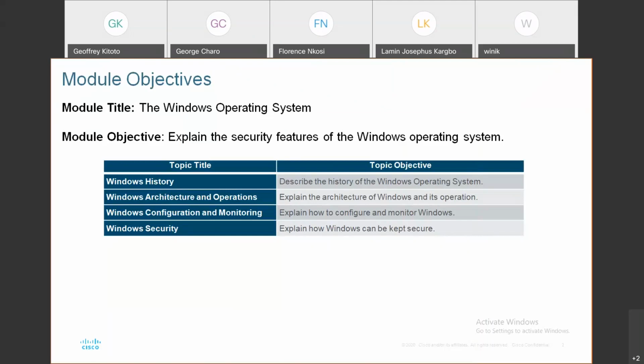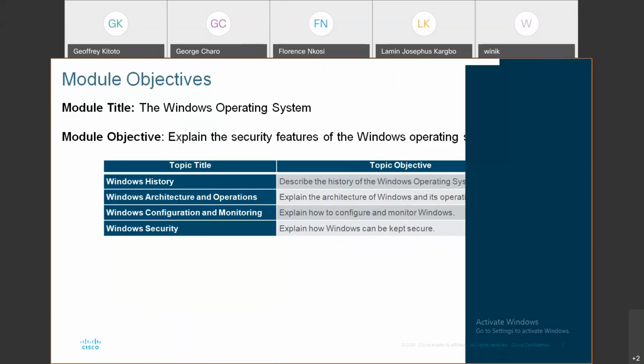Describe the history of the Windows operating systems, then Windows architecture and operations, explain some of the architecture of Windows and its operation, then Windows configurations and monitoring, explain how to configure and monitor Windows, then Windows security, explain how Windows can be kept secure. So those are things that we'll be covering for the next 1 hour or so.